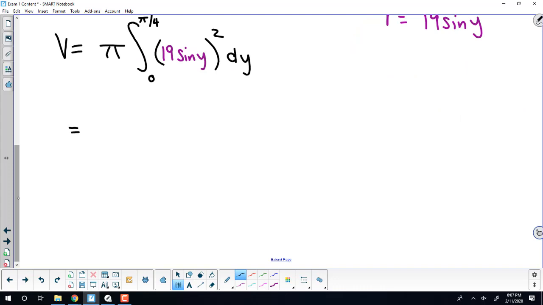Does anybody know what 19 squared is? I think it's 364. 364? What, 361? 361.